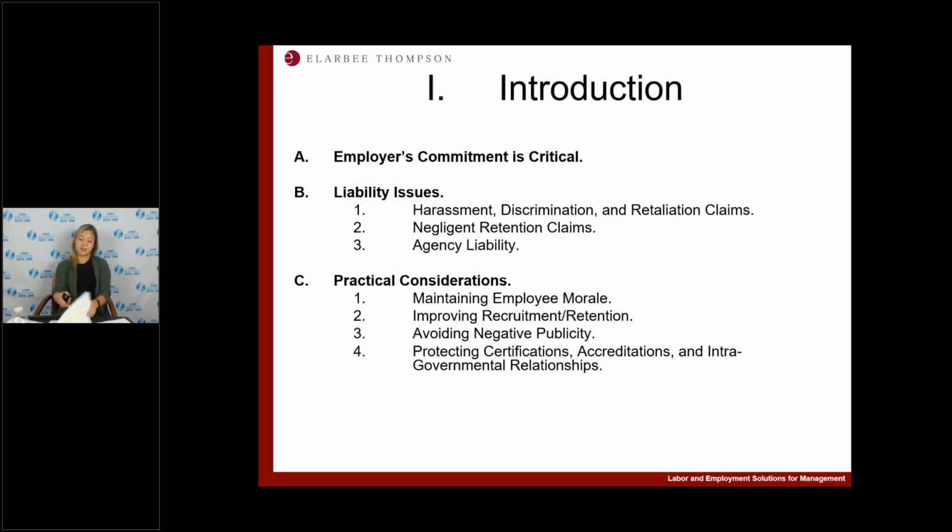Courts look at prevention, so whether or not you have adequate policies, and if you've informed all of your employees about those policies. Detection, so if you have made sure to have reporting procedures, that you listen to complaints that come in, and have an adequate way of responding to them. And then remedy, how you respond to complaints.